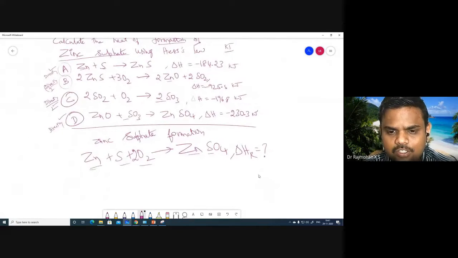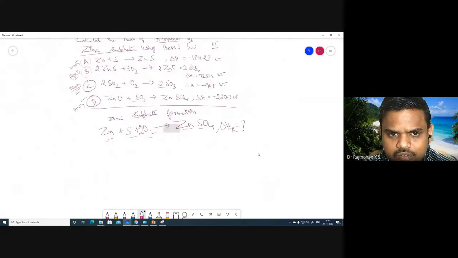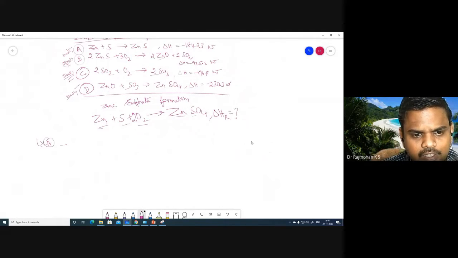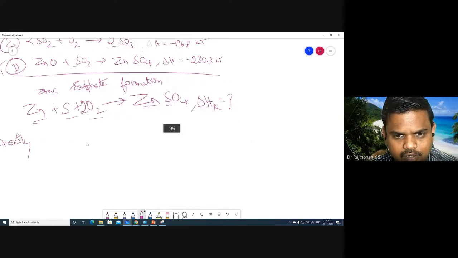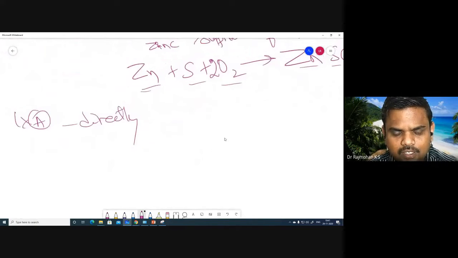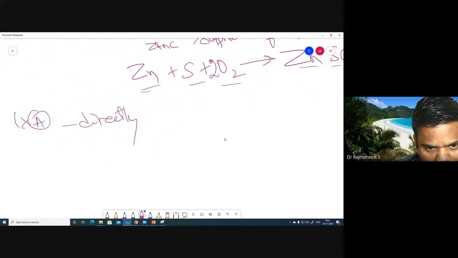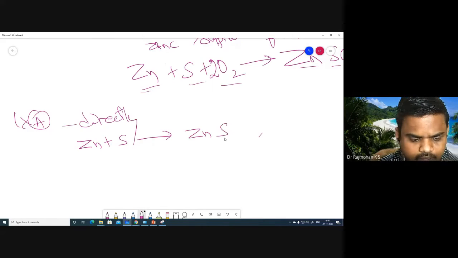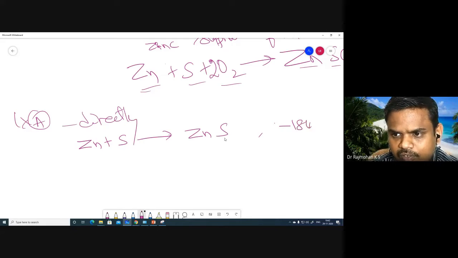So proceed to solve this problem. A directly, we can write 1 times A. If you write A directly, what you get is zinc plus S giving zinc sulfide, with minus 184.23.